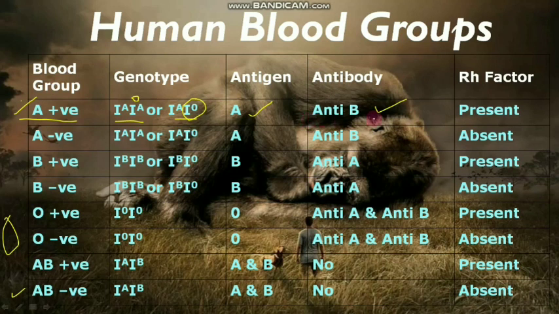In an A positive individual, the rhesus factor or Rh factor is present. That's why it is known as the A positive blood group.